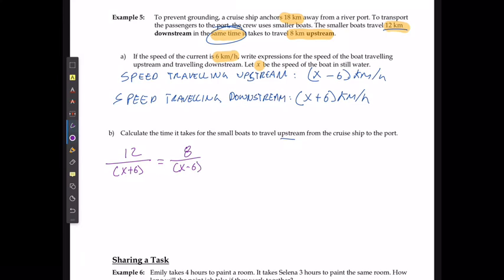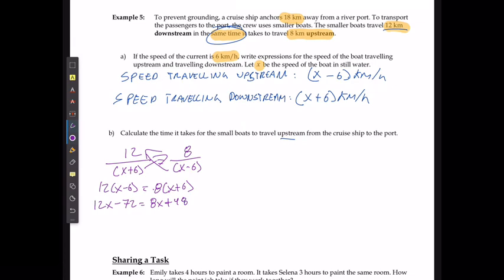I'm going to multiply the x plus 6 into this side, the x minus 6 into this side, and say that 12 times (x minus 6) has to equal 8 times (x plus 6), or 12x minus 72 is equal to 8x plus 48.